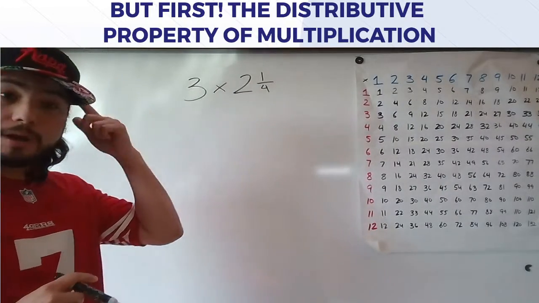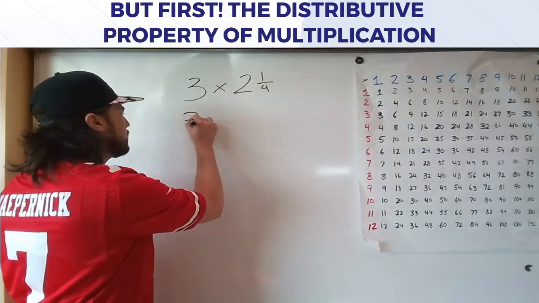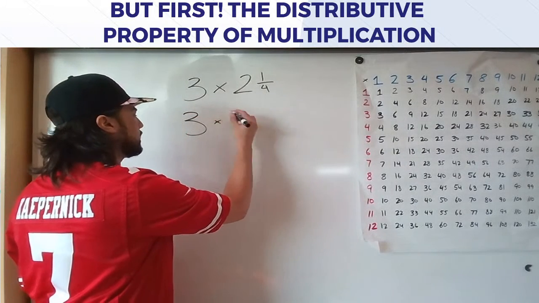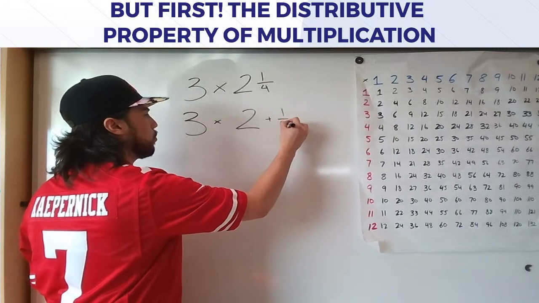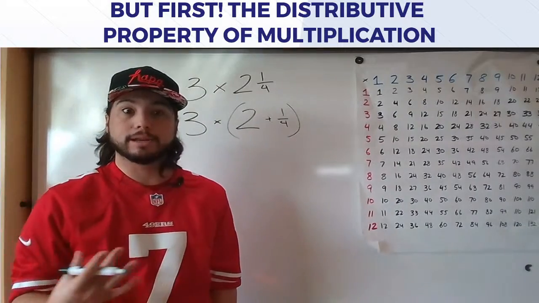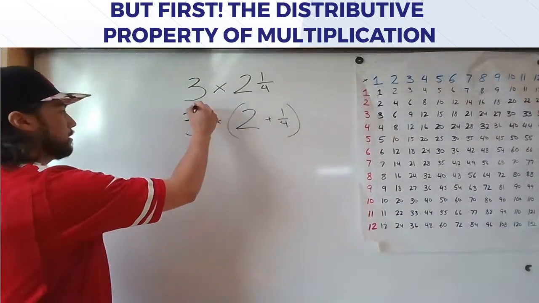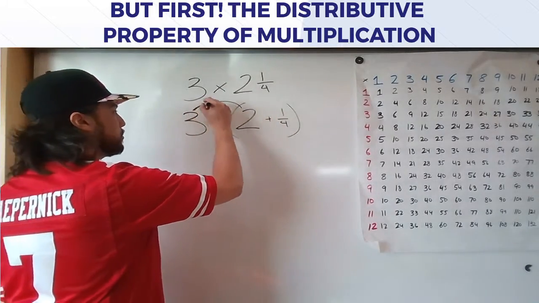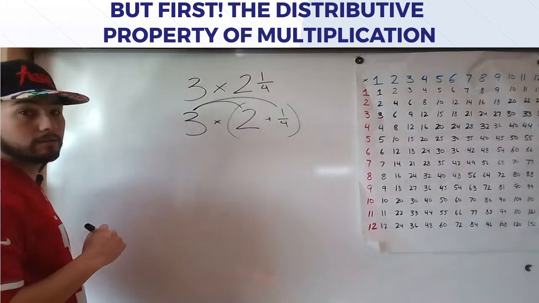Okay, and using that distributive property knowledge, using that partial product knowledge, we can rewrite this expression as 3 times 2 plus 1/4. Because that's essentially what a mixed number is, right? It's a whole number plus a fraction. Then we can multiply both of our terms, both of our addends, by 3.